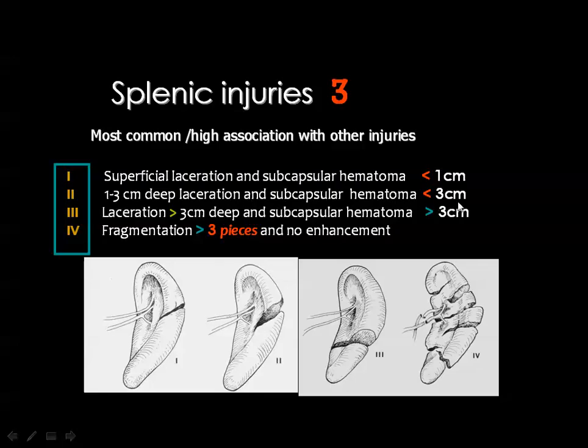Grade 3 is a laceration more than 3 centimeters deep and subcapsular hematoma more than 3 centimeters in thickness. Then grade 4 injury represents fragmentation or shattering of the spleen into 3 or more pieces.